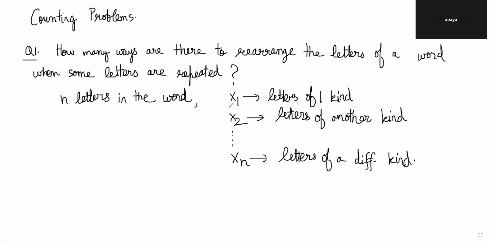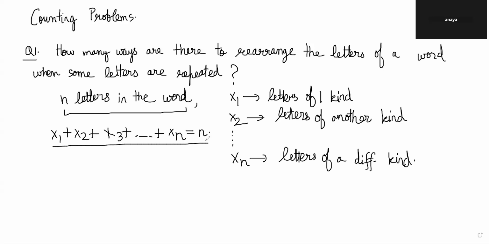Basically, these are different types of letters. The number of letters of each type is x1, x2 till xn, and the total number of letters is x1 plus x2 plus x3 and so on till xn is equal to n. You have to find how many ways there are to rearrange the letters of this word under these restrictions.